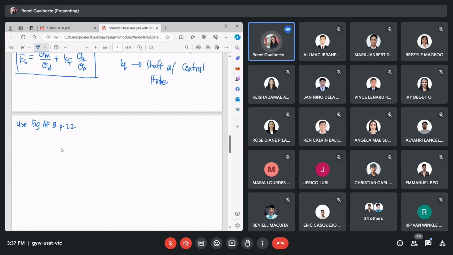That is the shaft with a central hole. Let us go to figure AF8, page 22.